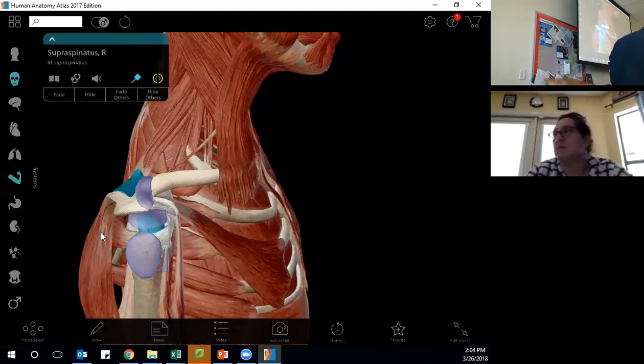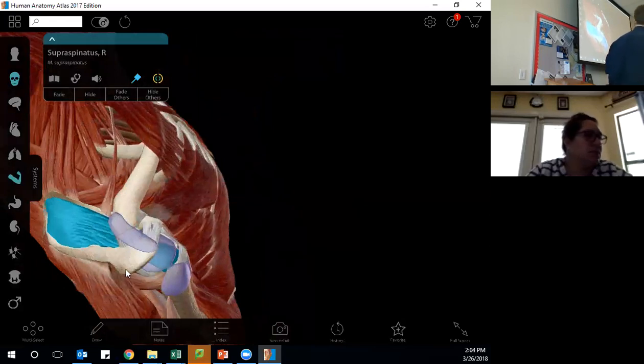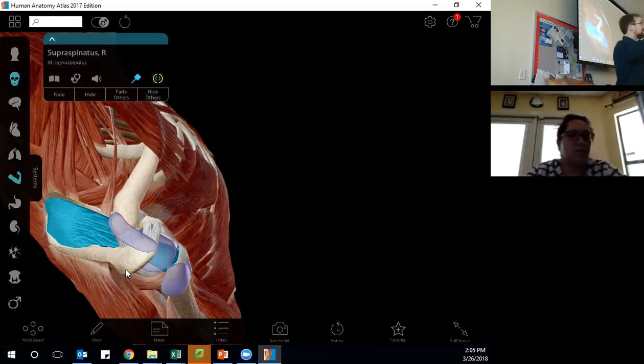If I grab that one right there, you can see that supraspinatus, supraspinous fossa, passes directly under that AC joint and inserts into that greater tuberosity. If the humeral head translates up too much or doesn't translate downward inferiorly enough, then we're going to grind that thing up into that bone.